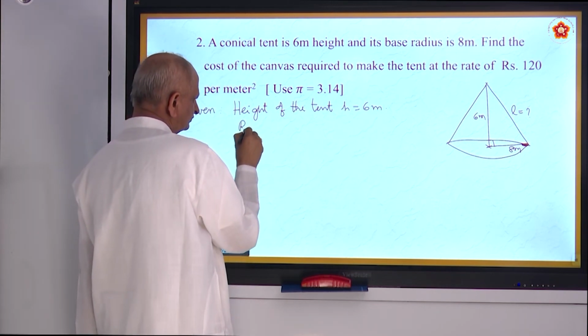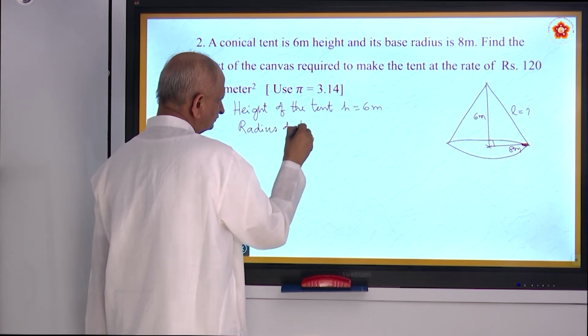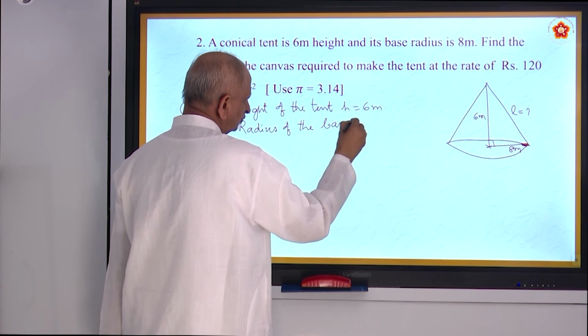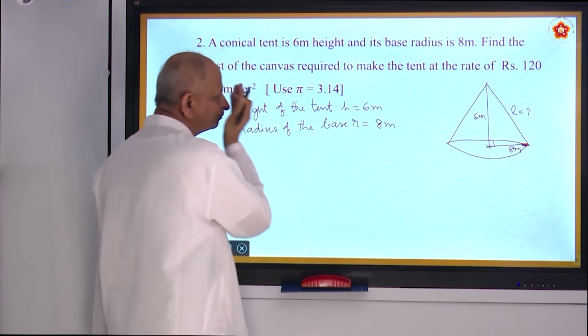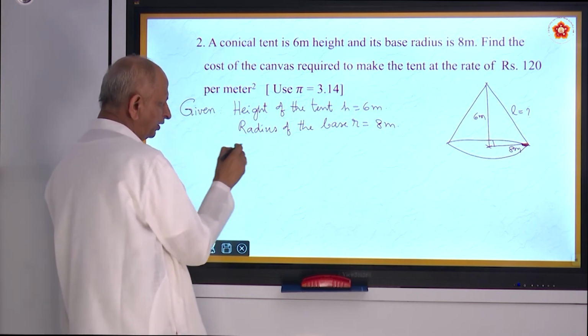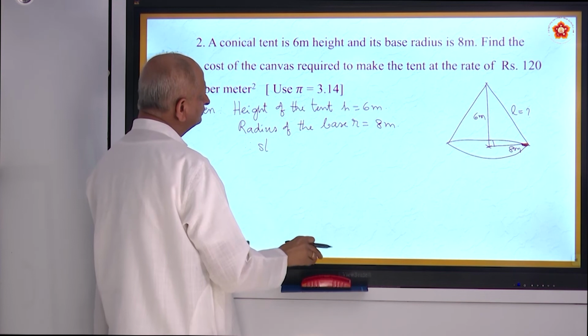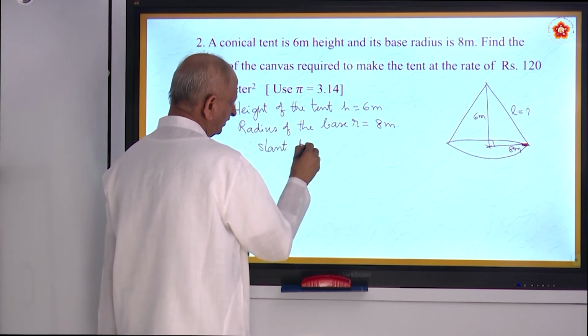Radius of the base, and the base is in a circle form. We call it R, 8 meters. So, you can find out the slant height.